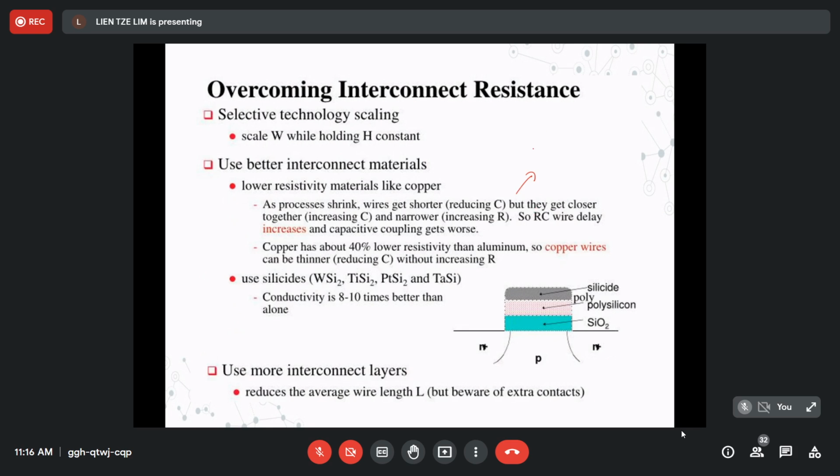It means that if there are two layers in the interconnect, imagine that this is a metal layer in a chip that has many transistors. The number of wires will also increase.